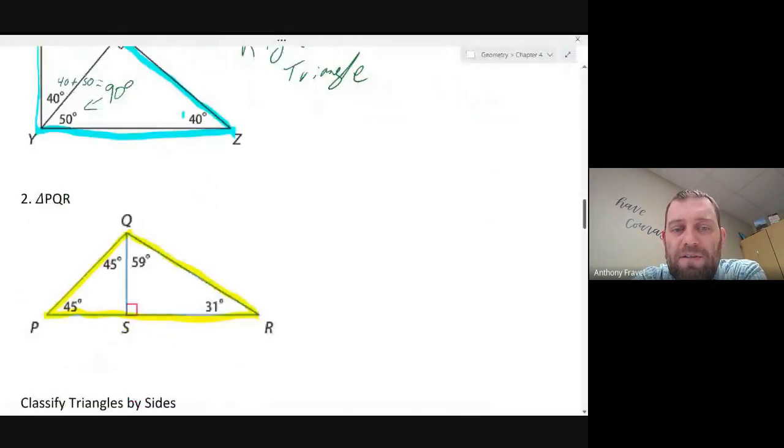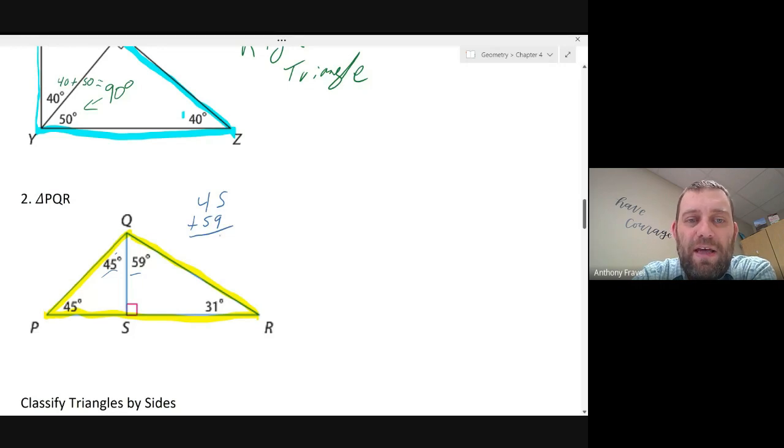This angle down here is 31, so I know that. This angle's 45 over here. Ooh, this one on top, I don't know because there's 2 of them. I've got this 45, and I've got this 59. So I'm going to add those together. I get 45 plus 59 to figure out how big that entire angle is.